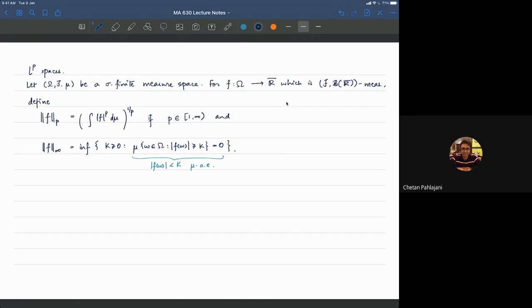Next thing I'll claim is the following. Note that the quantities, this symbol, for p in [1, infinity] are well defined, though they may be infinity.